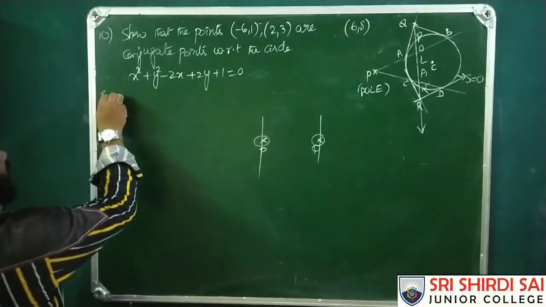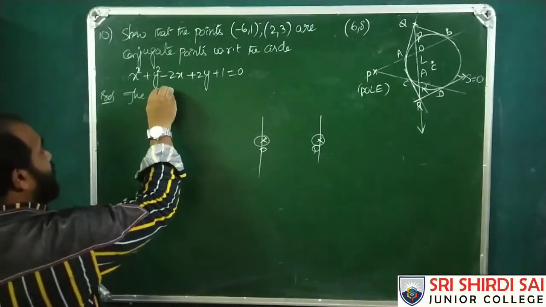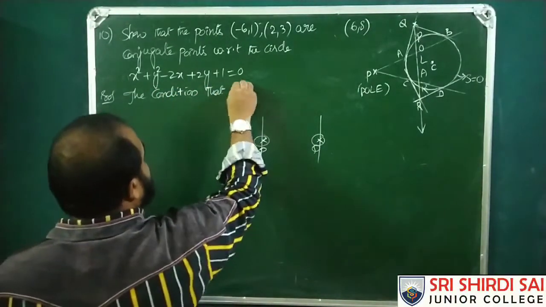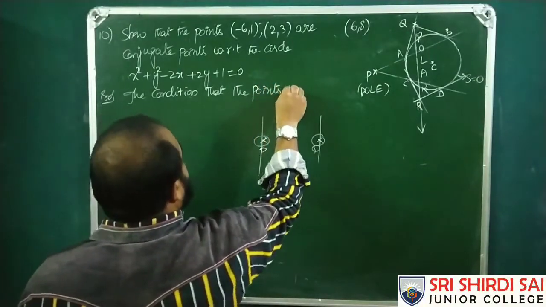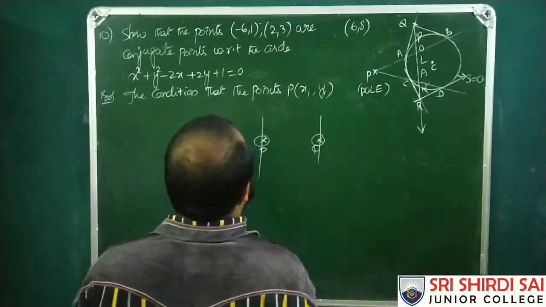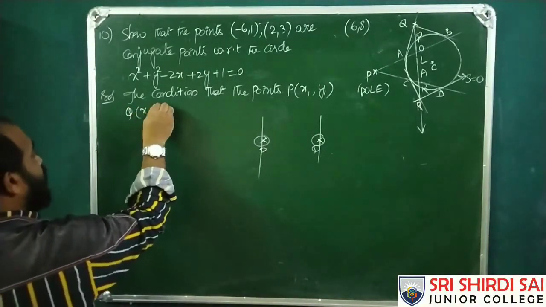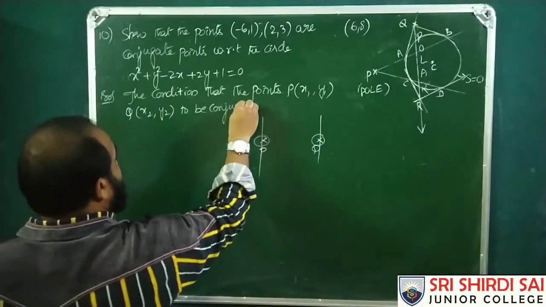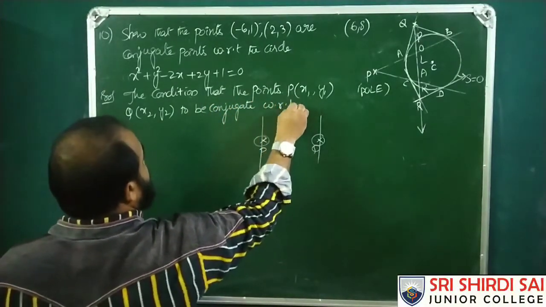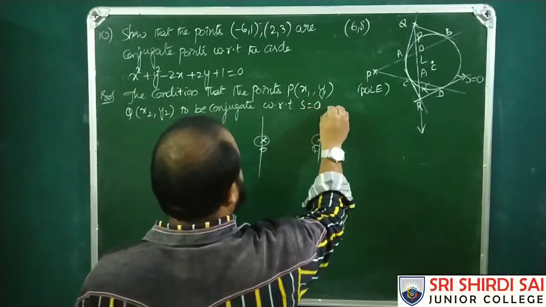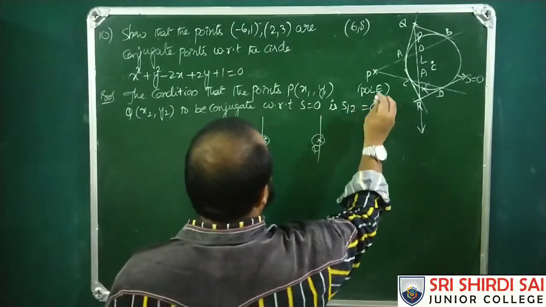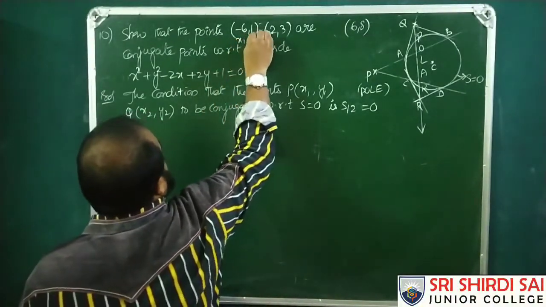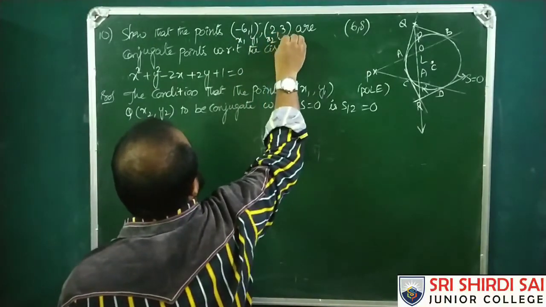So the condition that the points P(x1, y1), Q(x2, y2) to be conjugate with respect to circle S equals to 0 is S12 equals to 0. So x1 y1 is this and x2 y2 is this.